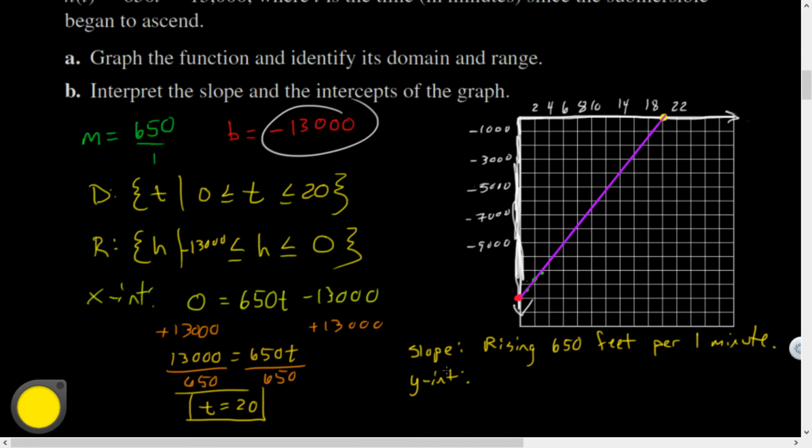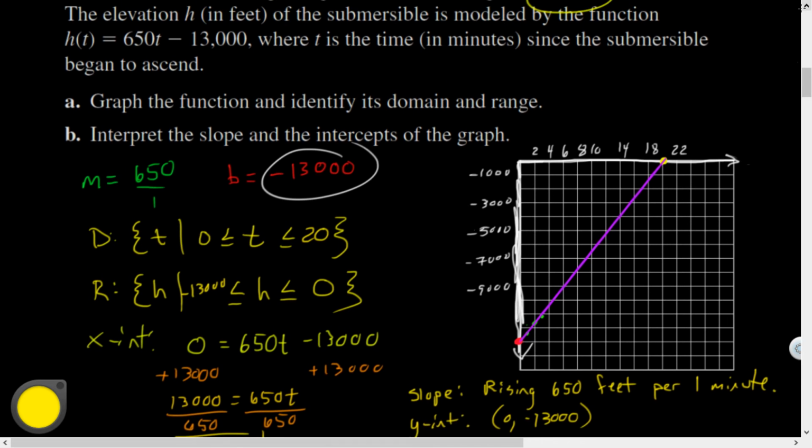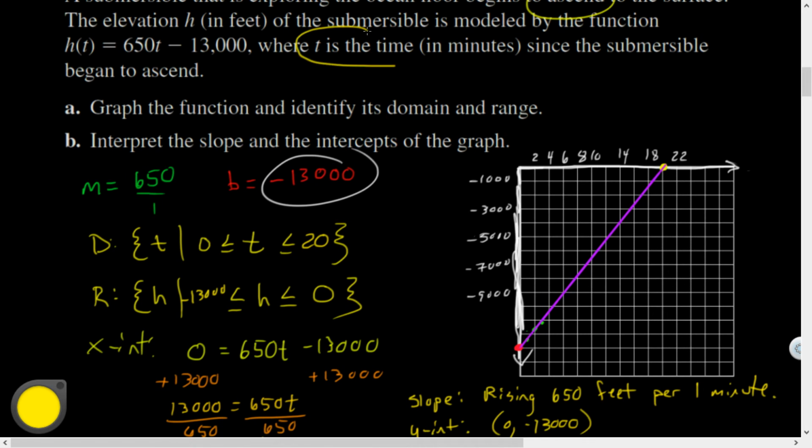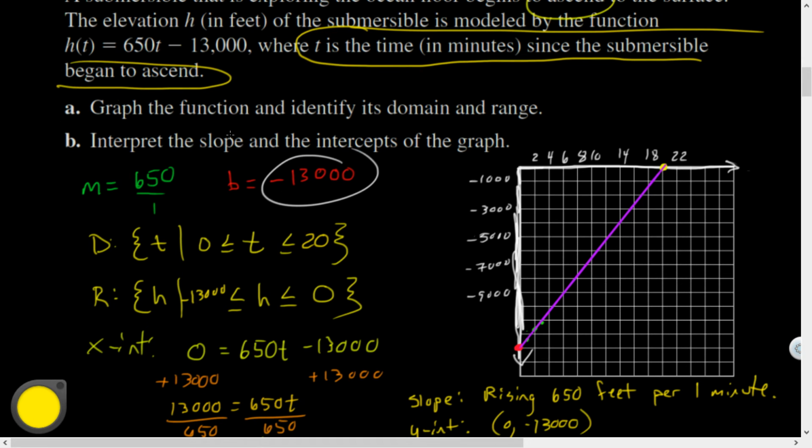What does negative 13,000 feet, so 0 comma negative 13,000, mean in terms of minutes and feet? Well, what does the time represent? It was the time since the submersible began to ascend. So when time is 0, what does that mean?